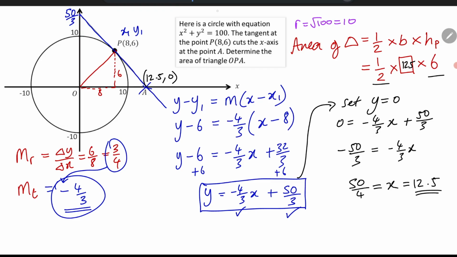So the area of the triangle equals half times 12.5 times 6, which is 37.5. And in this case, we're just going to call it units squared.